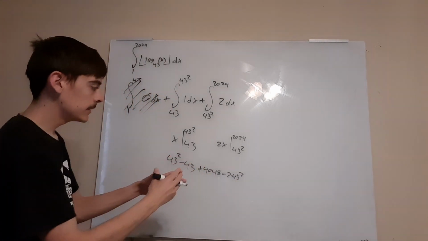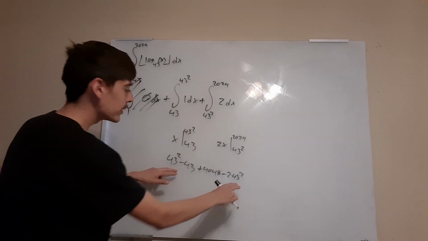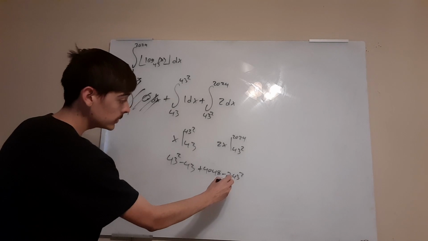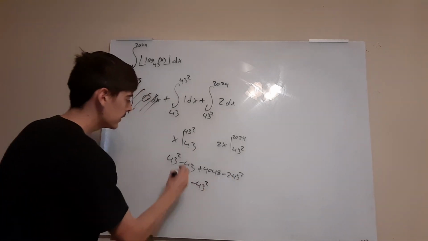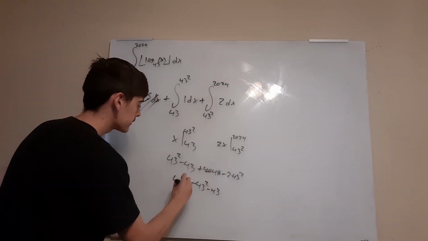Now I'm just going to simplify slightly, without expanding these 43 squareds, and then we'll get it to our final answer. So we have 43 squared minus 2 times 43 squared, so this is just minus one 43 squared term. Also minus 43, and this part is 4048.